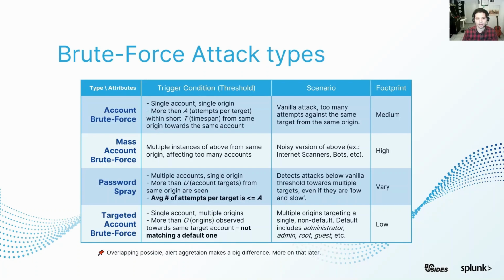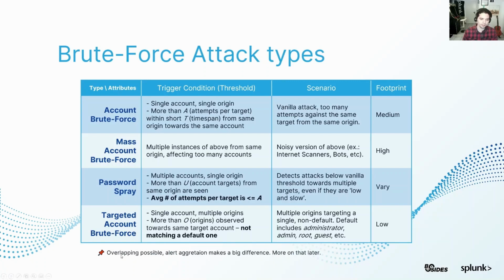So he is able to craft this kind of custom attack towards those very specific accounts, originating from different IPs or different sources, so that it won't trigger the vanilla brute force kind of detection. So this is the more specific one, and it of course has a lower footprint as compared to the others.